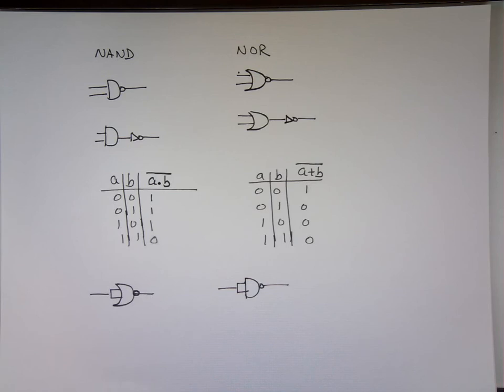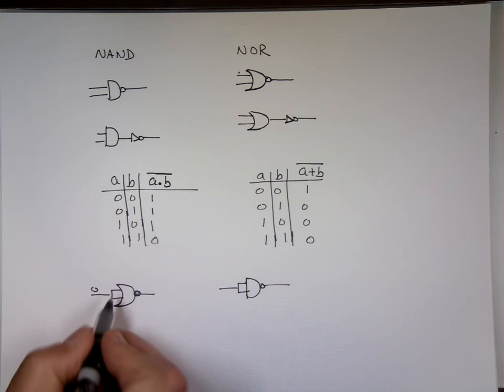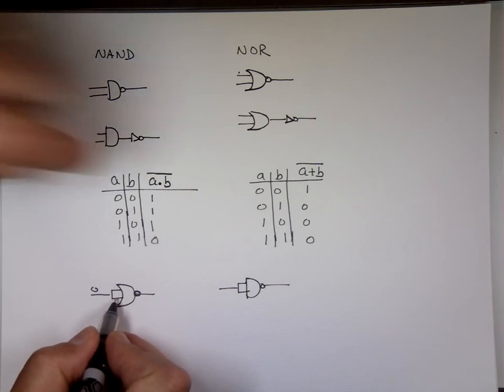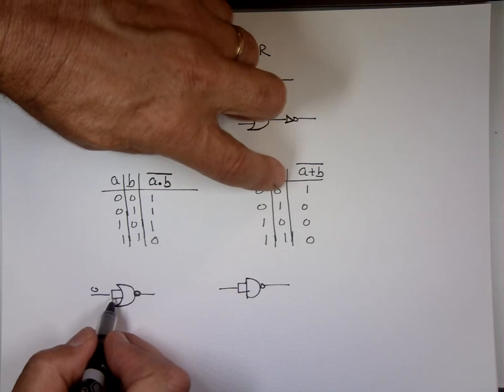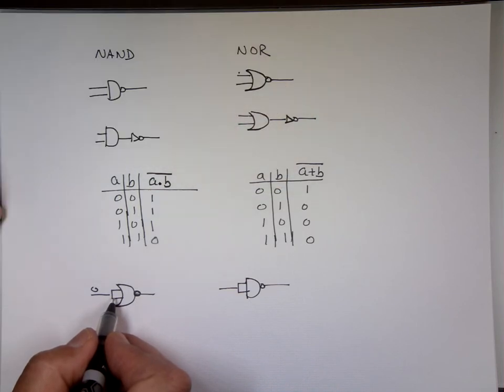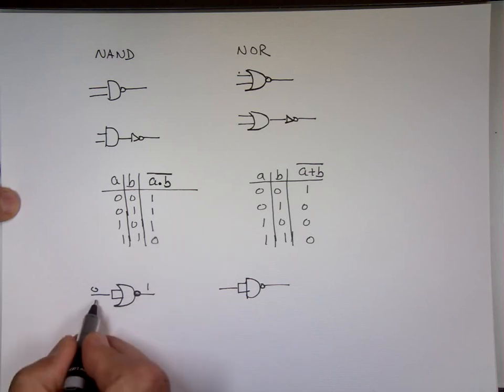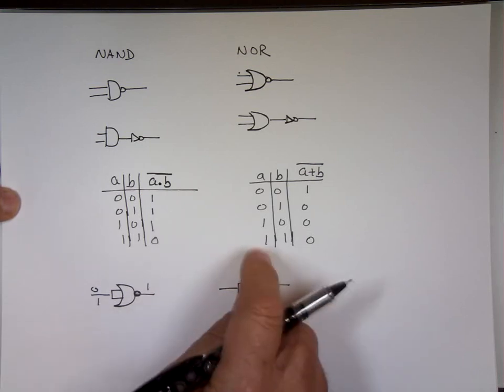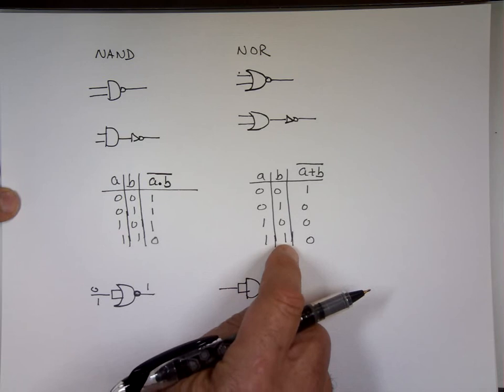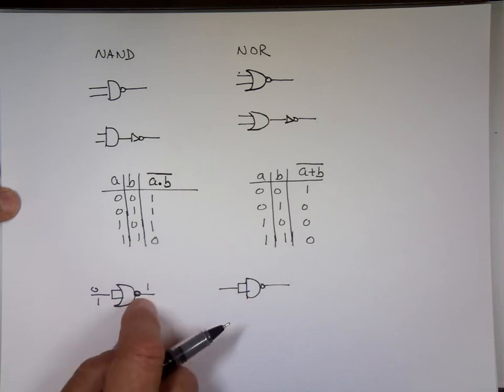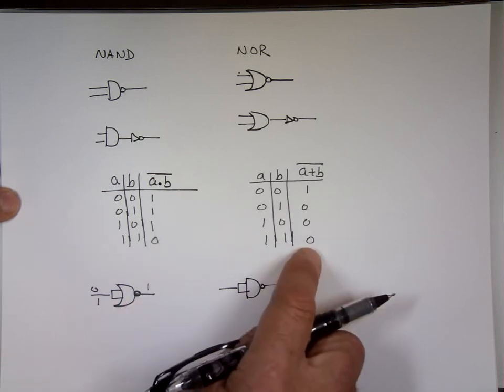By tying both inputs together, once you put a 0, you have 0, 0 here. For a NOR gate, when you have 0, 0, what's your output? 1. And when you put a 1 here, you have 1 OR 1, and NOT that, you end up with 0.